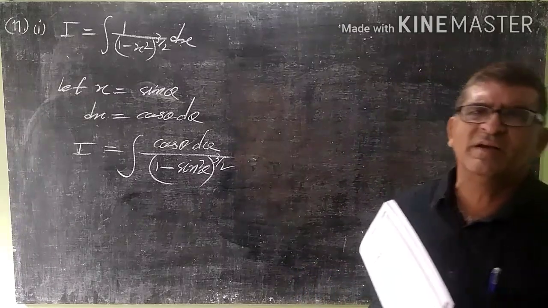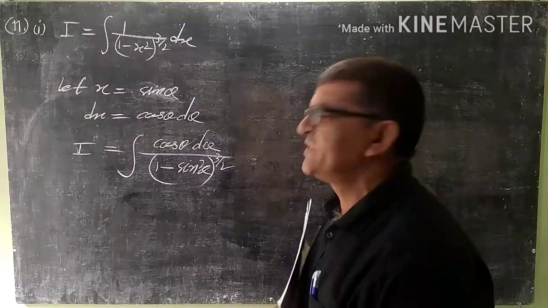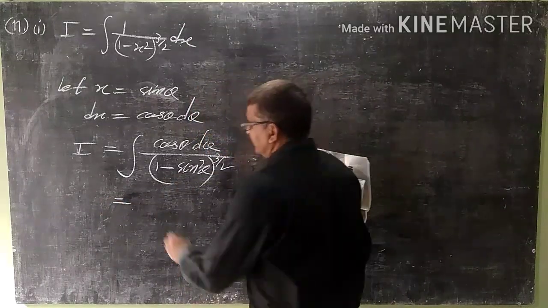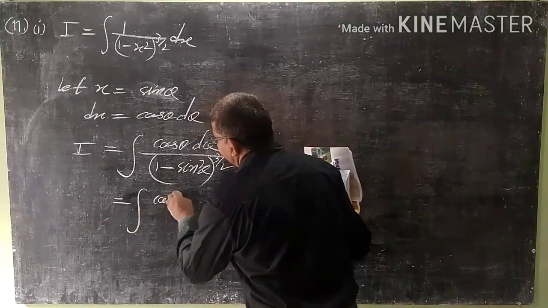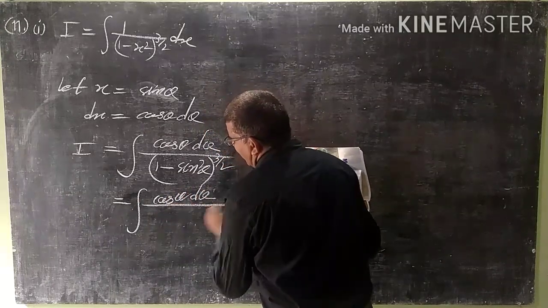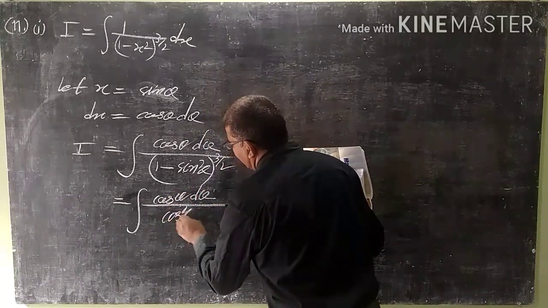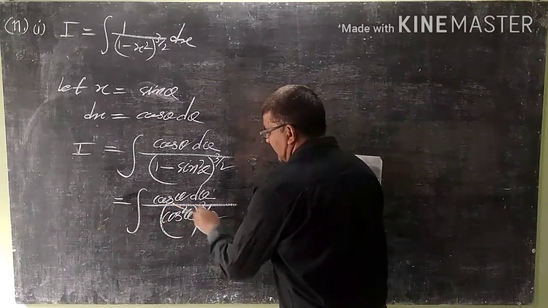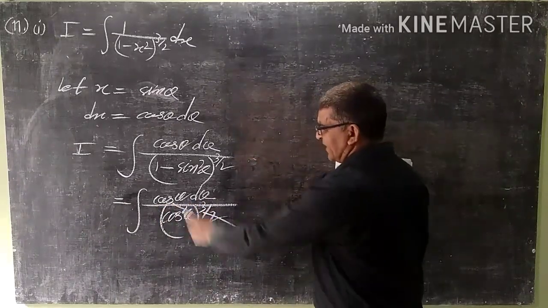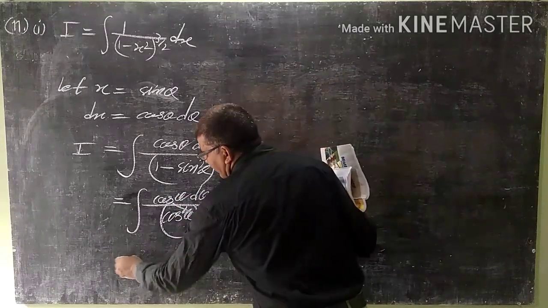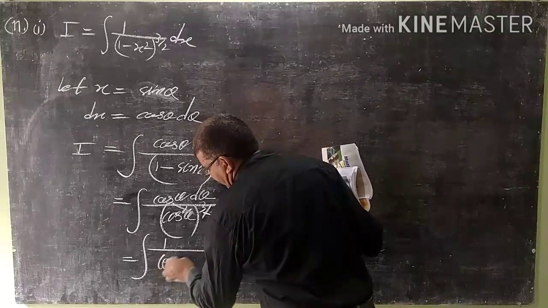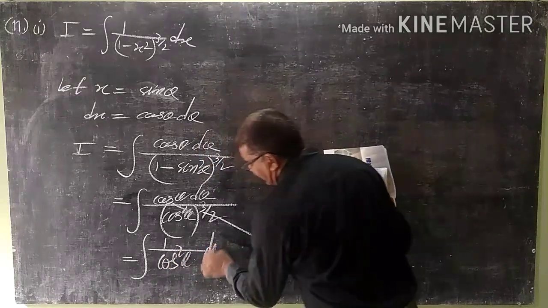You know very well by the trigonometric formula that it will become cos square theta, and cos theta d theta upon (cos square theta) to the power 3 by 2. Square cancels square, and one cos theta cancels one cos square theta, then it will become 1 upon cos square theta d theta.